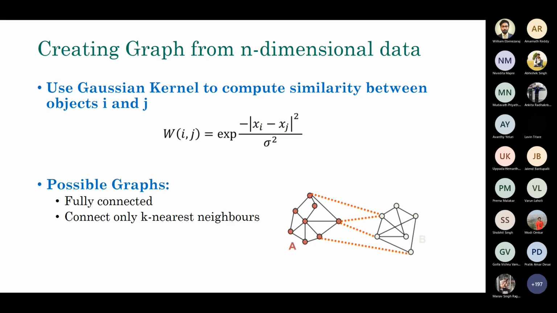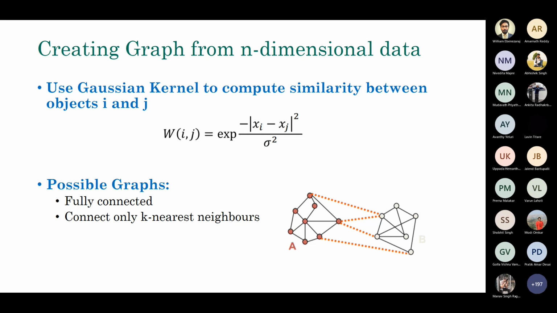So how do we do it? The main thing that we use in this case is the similarity or the distance or the weight between two objects. We define the weight between every pair of objects using Wij, which is nothing but e to the power of minus distance between the two points divided by sigma square. People call it the Gaussian kernel. Now the intuition behind this is a very simple equation.